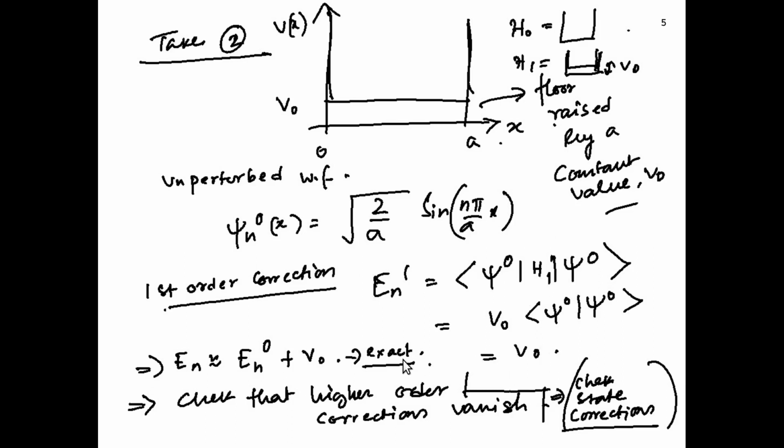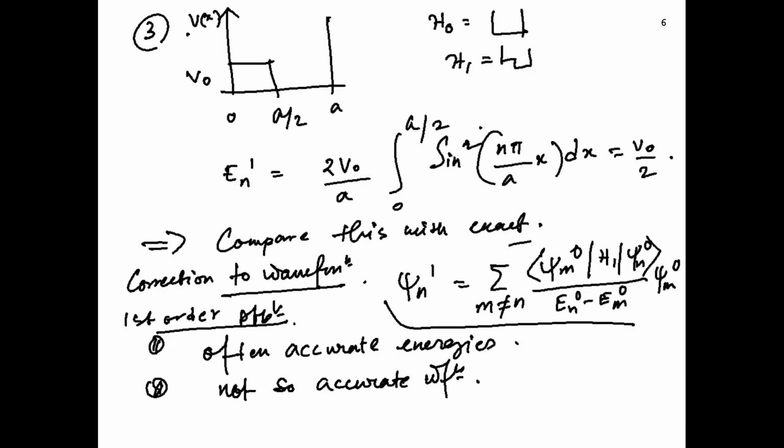So that is also the same as the exact result. If you have solved the problem exactly, then you would have gotten the same result, and in this case the perturbation is exact, because if you look at the higher order terms, they will vanish. Now you can check the state corrections. Even though the energy correction is pretty accurate, the state corrections will not be that nice. So that is something you will check.